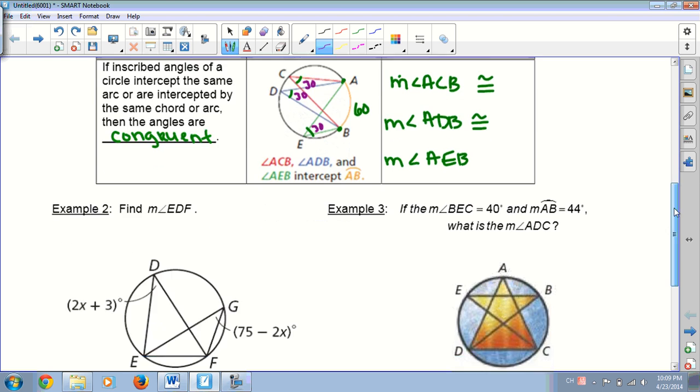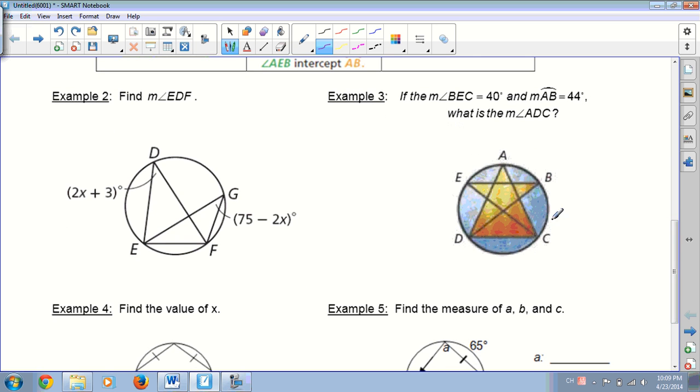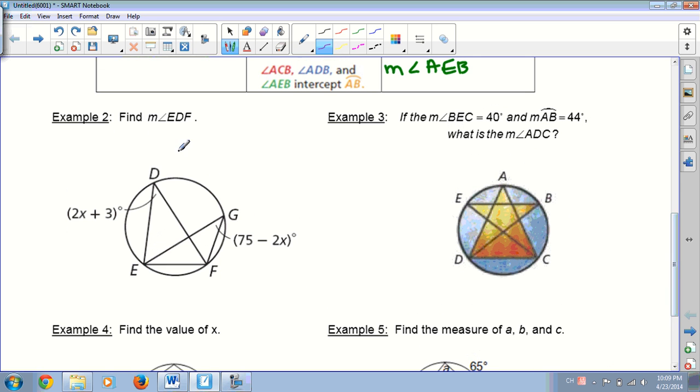Okay, so let's go ahead and look at example number 2. We have to find the measure of angle EDF. Well, if you notice, angle EDF and angle EGF, those two angles have the same intercepted arc, and that arc is EF.